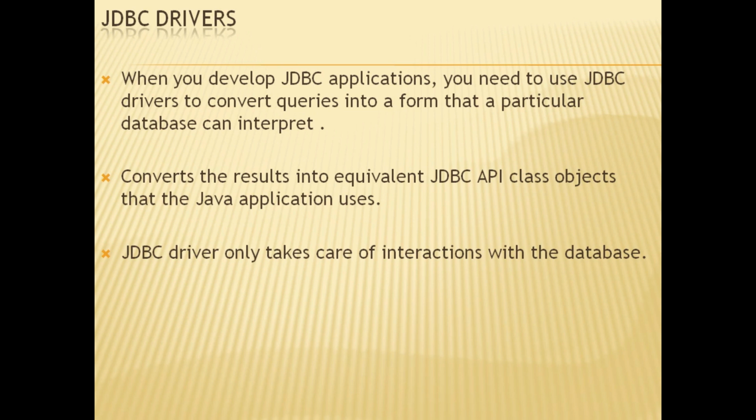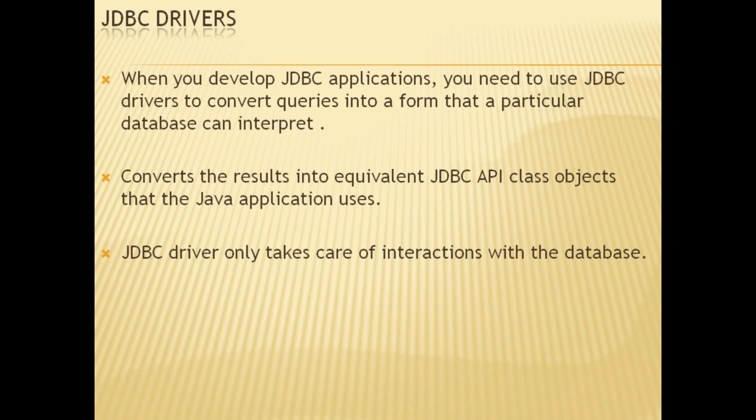Here you have to remember what is meant by JDBC. JDBC means Java Database Connectivity. It is a standard Java API for independent database connection between a Java program and a wide range of relational databases. It is in the java.sql package.